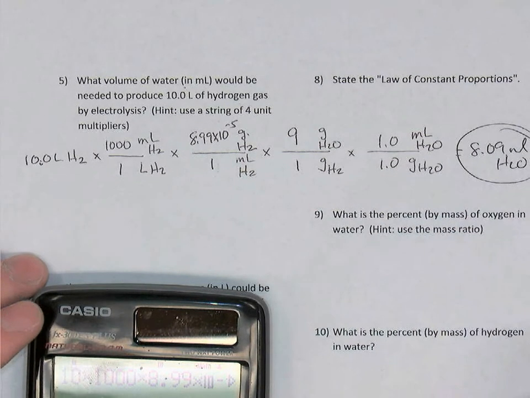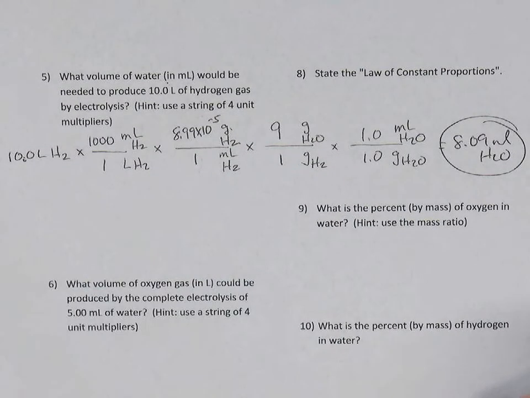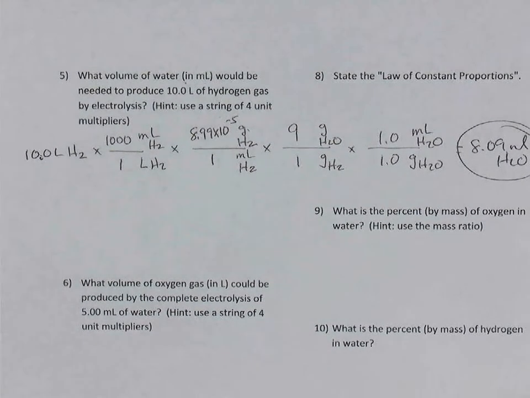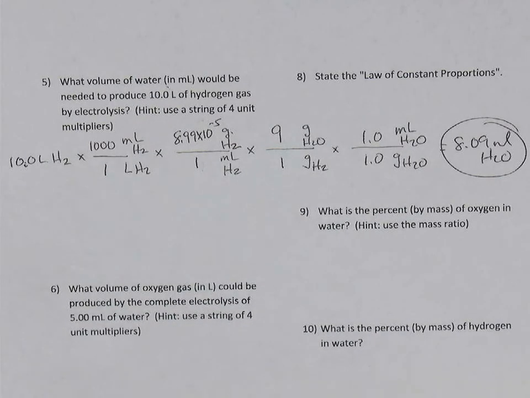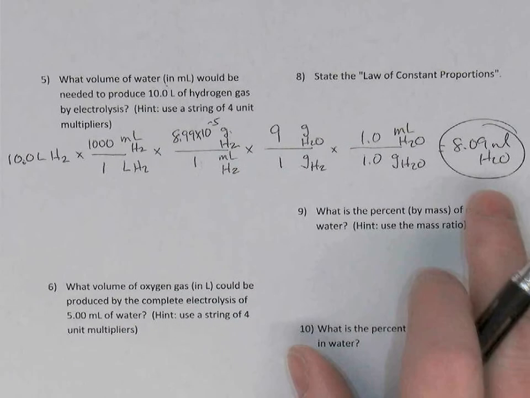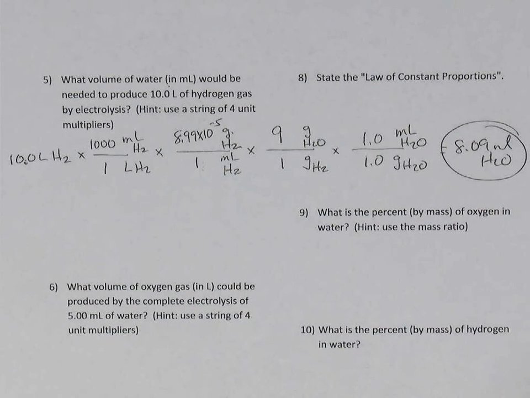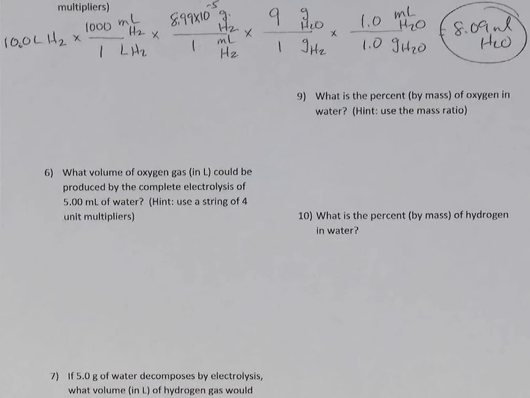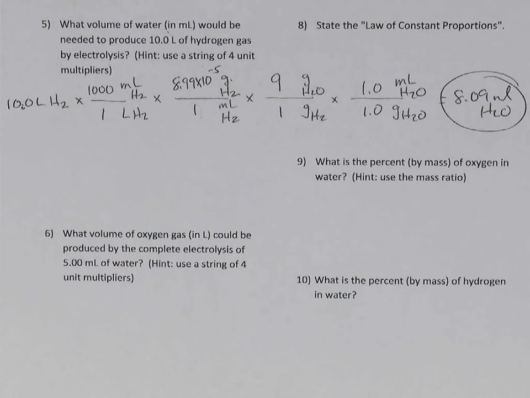So if you decompose 8.09, or just a little bit more than 8 mils of water, you'll end up getting 10 liters of hydrogen gas. And that's why there's no law of conservation of volume. You get a huge volume of gas from just a tiny amount of water decomposed. So I hope that helps with electrolysis of water problems. There's a few other questions on here similar to that, and these are definitely going to be on your test and on your final exam.